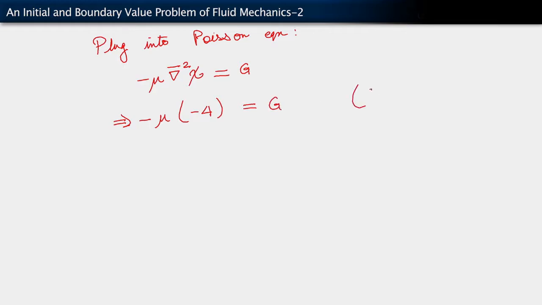And this is because del bar square of chi equals del square del x1 square plus del square del x2 square applied to a square minus x1 square minus x2 square. Okay? So you get minus 4.